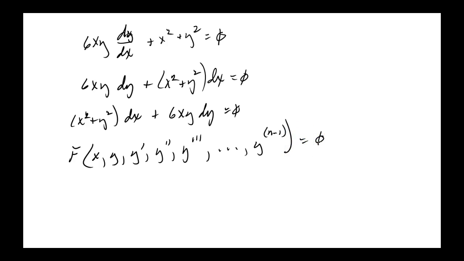If you can write an equation like this, and I'll put more terms than they did in the book, where f is a real valued continuous function, this is said to be a normal form.